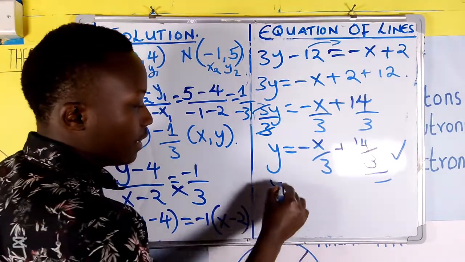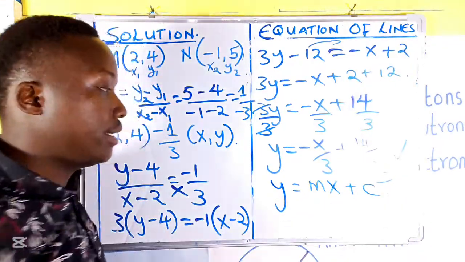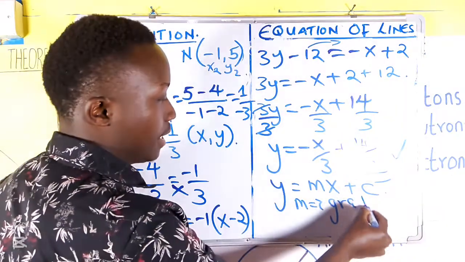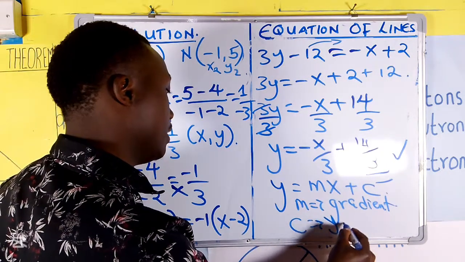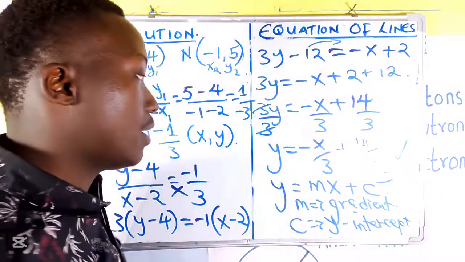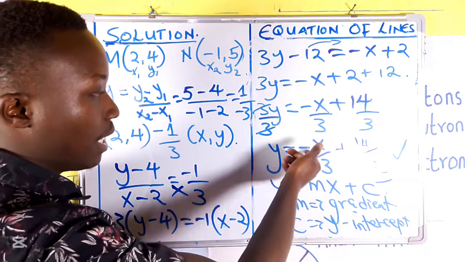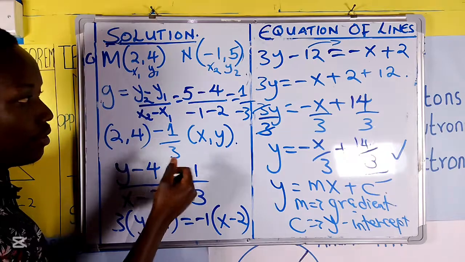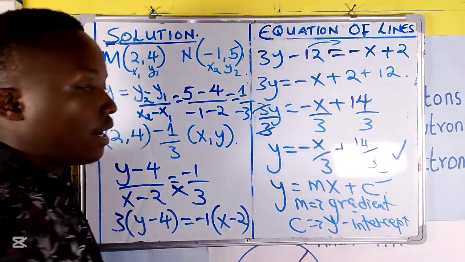Without forgetting that the general equation of a straight line is y is equal to mx plus c, where m is the gradient and c is the y-intercept. If you check our equation, you can observe that our m here is negative 1 over 3, which is our gradient, and our c is equal to 14 over 3.